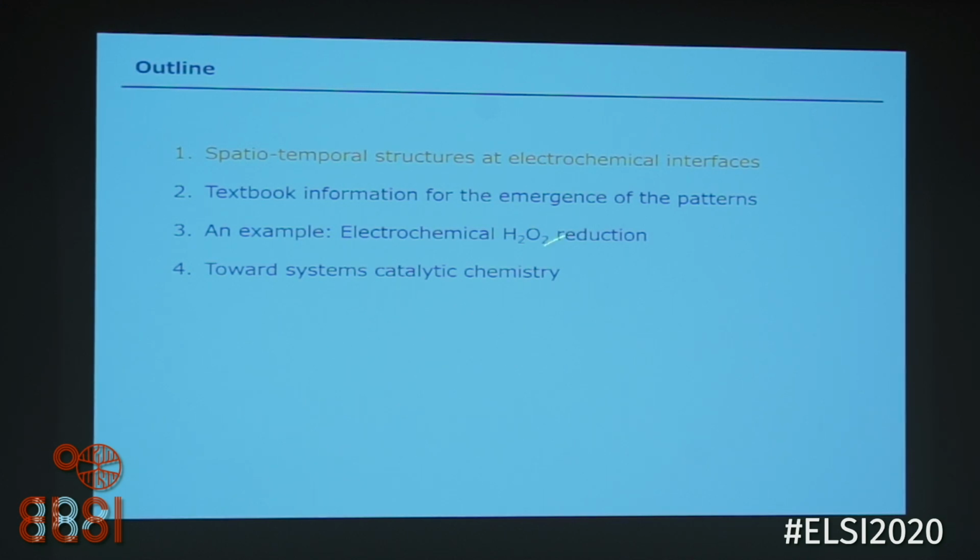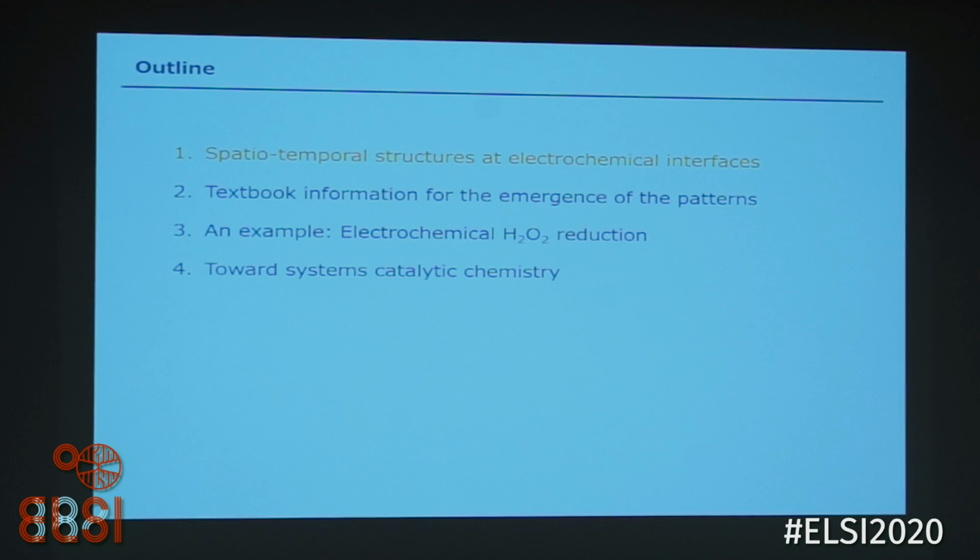So first, I'd like to show some examples of dynamic patterns appearing at electrochemical interfaces. Next, I guess some of you are not familiar with this field, so I'd like to give some fundamental information for understanding the emergence of order.